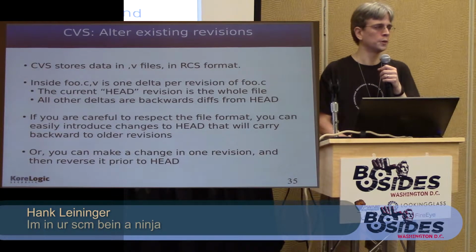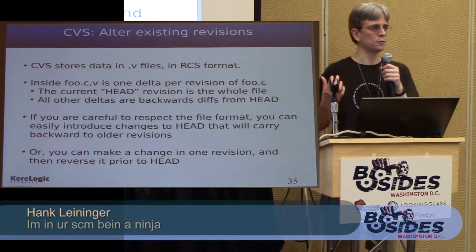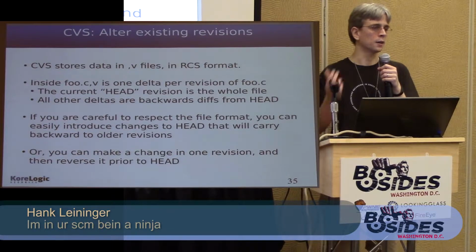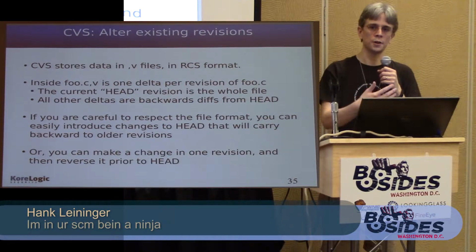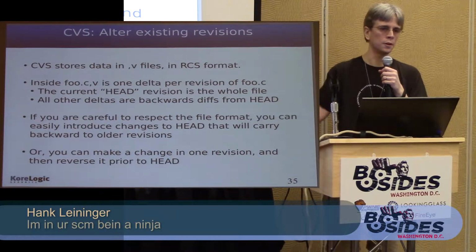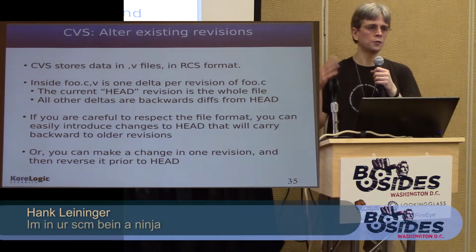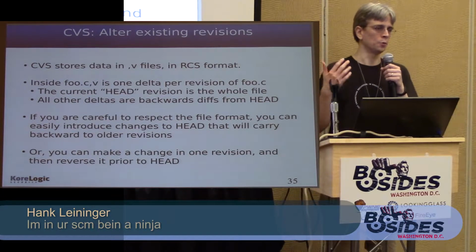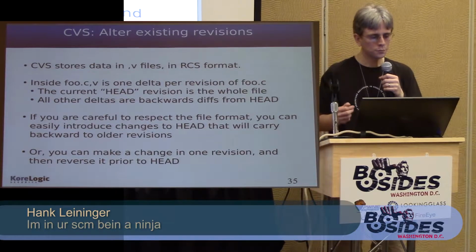Just to explain it a little bit so that this makes sense, CVS stores data for files that it's tracking in these files called .v files. And every file in your project has a corresponding blah, blah, blah, .v on the back end. Those .v files are in RCS format, because even older than CVS is RCS, and CVS uses its disk format.